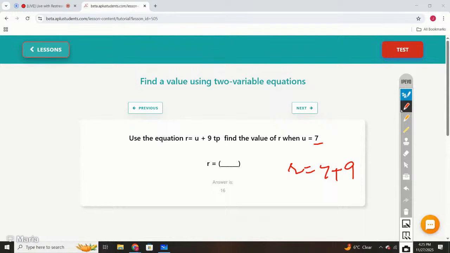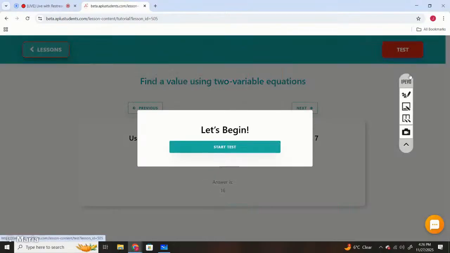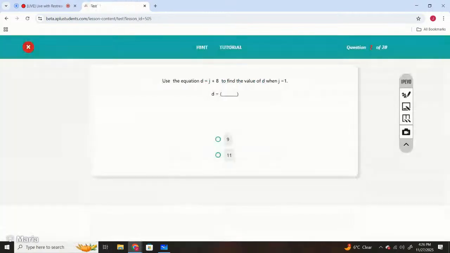So 7 plus 9 makes 16. The correct option is r equals 16. Let's just start with the test questions.